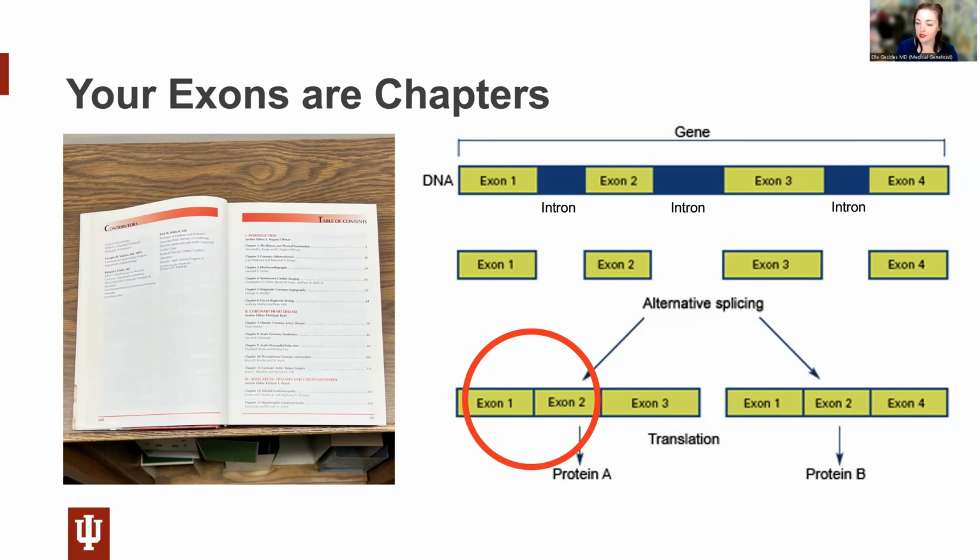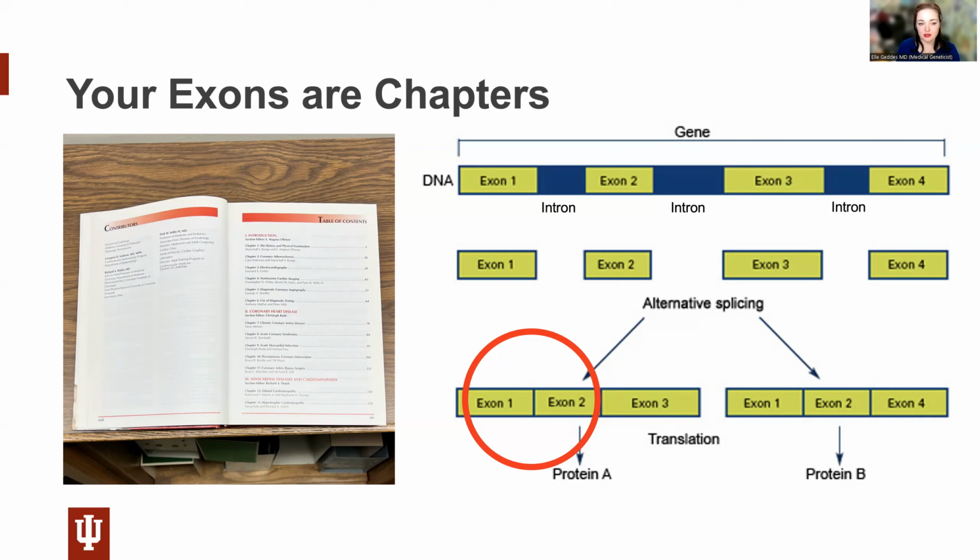Those are parts of the books that are important, but we don't really think about as much and don't focus on. And so we call those chapters, the meat of the book, exons. And then in between the chapters and the parts around the gene that are important to the gene, but less well understood and a little bit more subtle, we call those introns. And so mostly what we focus on are exons.